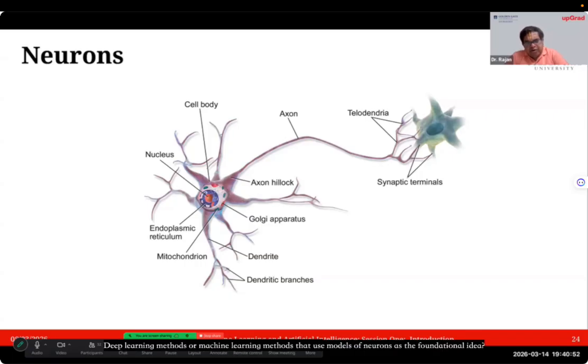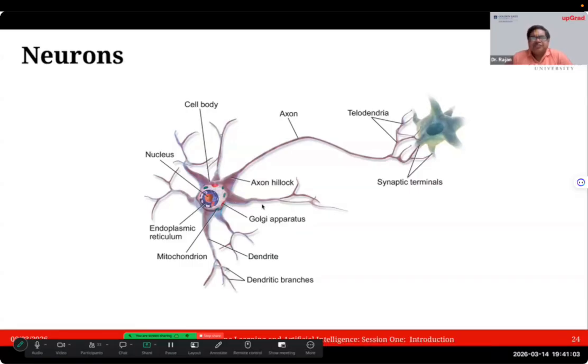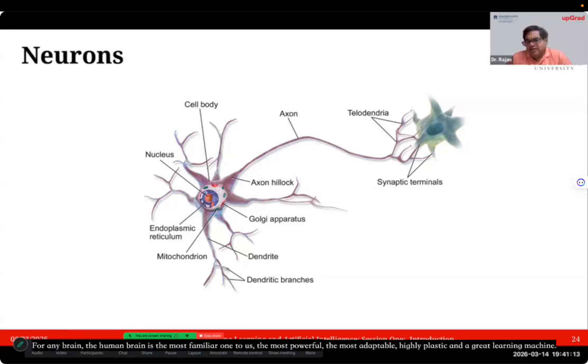Deep learning methods are machine learning methods that use models of neurons as the foundational idea. The greatest learning system that we know in the world is the human brain, or any brain. The human brain is the most familiar one to us, the most powerful, the most adaptable, highly plastic, and a great learning machine.